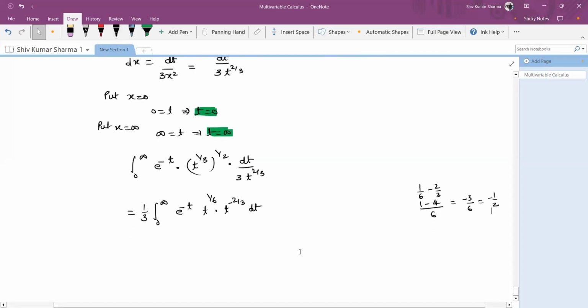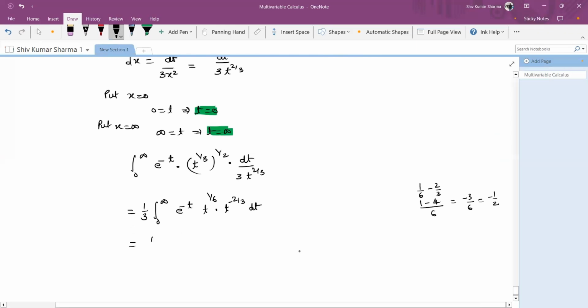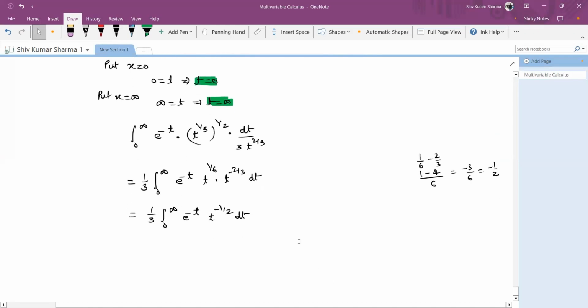So we simplify this. This can be written as 1 by 3 integral 0 to infinity e raised to the power minus t and t raised to the power minus 1 by 2 into dt. So how do we write this power minus 1 by 2 in the form of n minus 1?